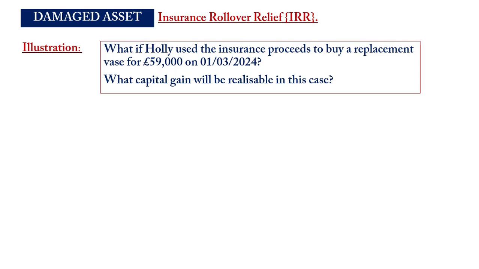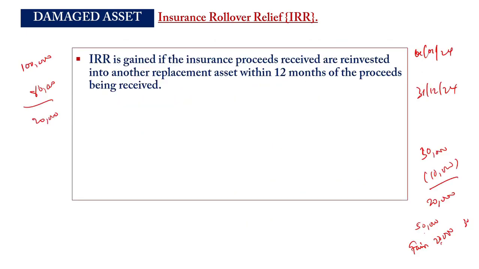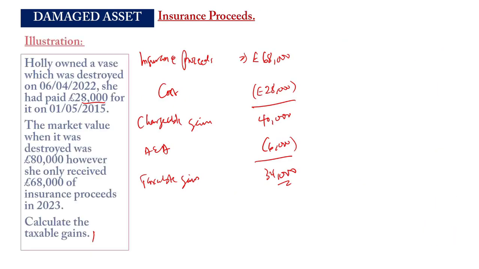So let's look at the insurance proceeds that Holly received. Holly received insurance proceeds of 68,000, and the gain that arose was 40,000. The proceeds was 68,000 and the cost was 28,000.